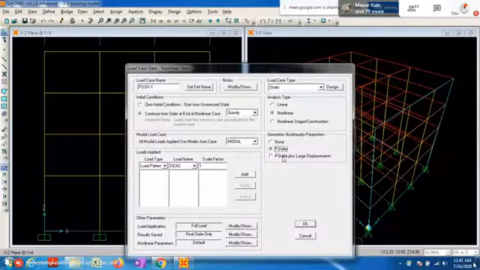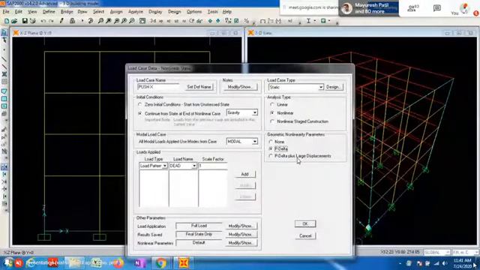More rigorous is P delta plus large displacement. At every instant, the stiffness matrix gets updated and gives the result. So this is the most rigorous. Otherwise, for a simple structure, go for a P delta analysis. Then modal result: the software takes the result from the model, so modal analysis is also required.